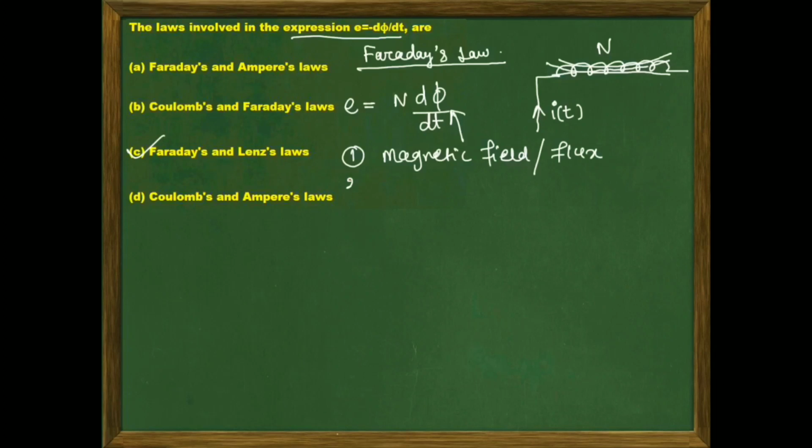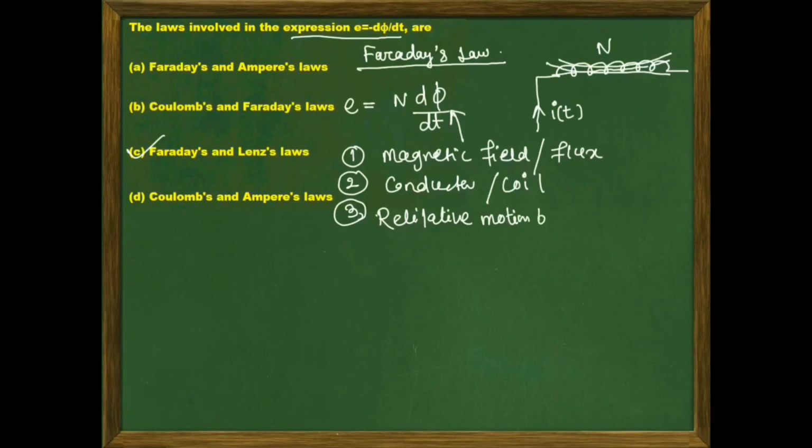And second one is your conductor or coil. And the third thing is very important, that is some arrangement that ensures that there must be a relative motion between the magnetic field and the conductor. So the third one is relative motion between the coil and the magnetic field.